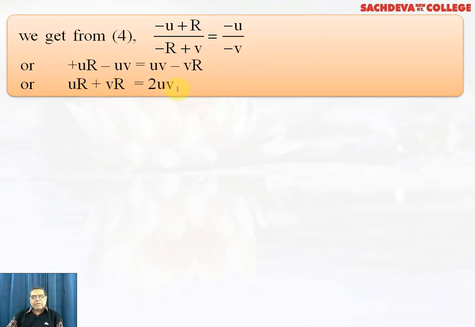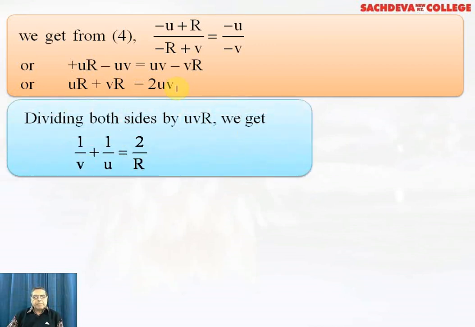Now we are getting here UR minus UV is equal to UV minus 2R. So, transposing, we will get 2UV is equal to UR plus VR. R will be taken out common. So, 2UV is equal to R(U plus V).